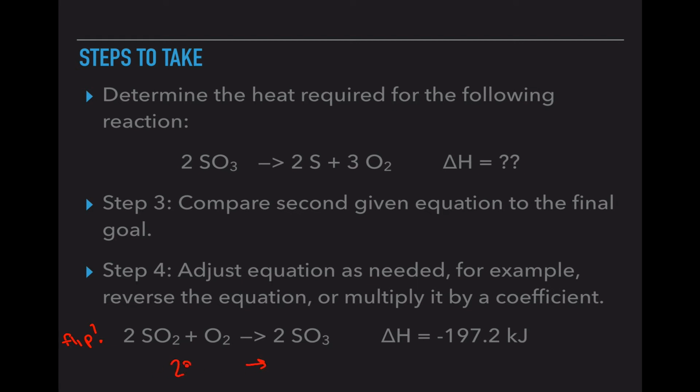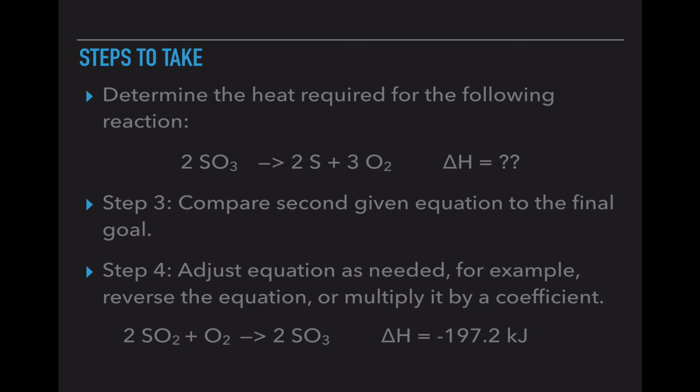I have 2 SO3 plus 2 SO2 plus O2, and my delta H is being reversed, so 197.2 kilojoules. Okay, so steps 1 and 2 and steps 3 and 4 are exactly the same. Compare them to the given problem and adjust accordingly. Multiply, divide, reverse, whatever that may be.